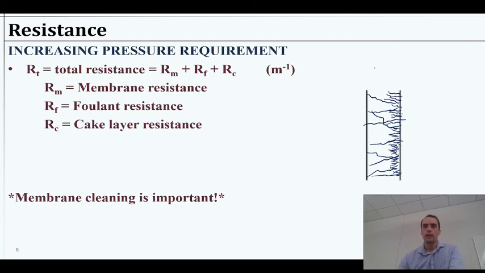Okay, so that gives us a system where we have flow kind of going from right to left in this case. So flow will be going in this direction, at least when we're going through it, right? Because this then is the separation layer.